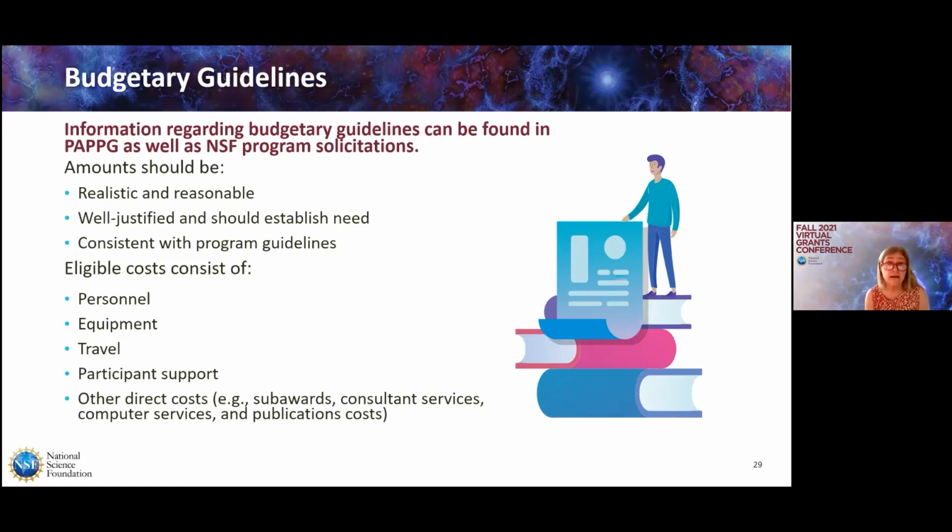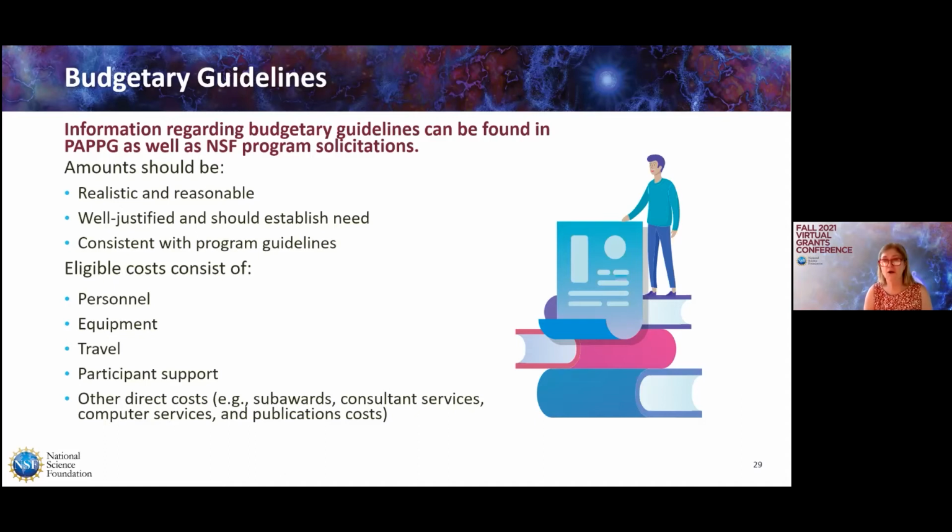Senior personnel could ask for up to 2 months across all of their NSF funded projects. You can ask for more, but again, let's go back to that budget justification. You've got to justify why you need more time, and it's got to be included as part of the approved budget.